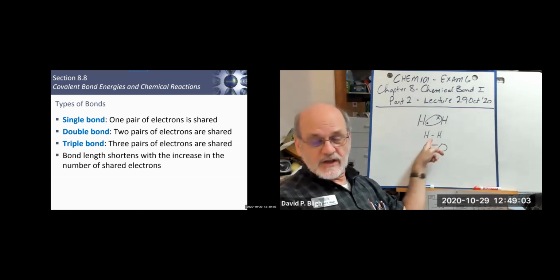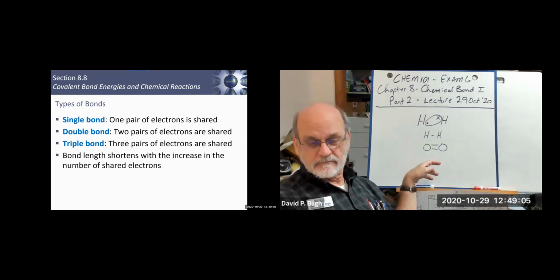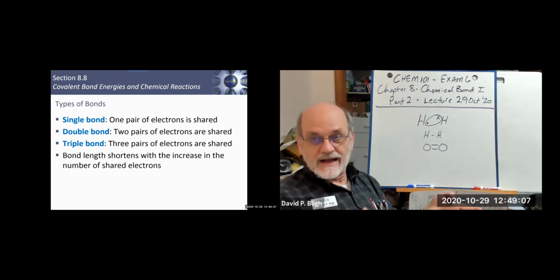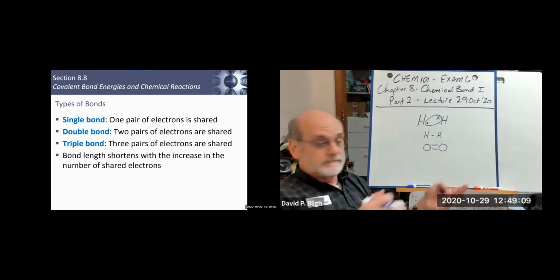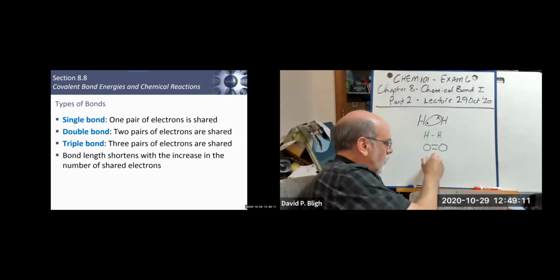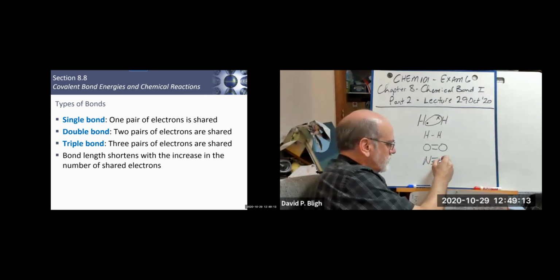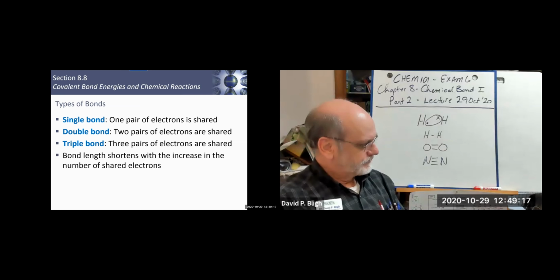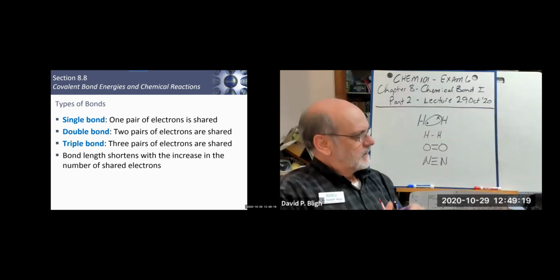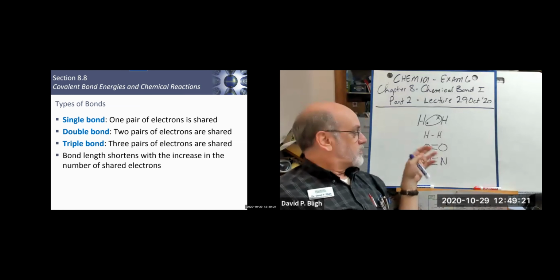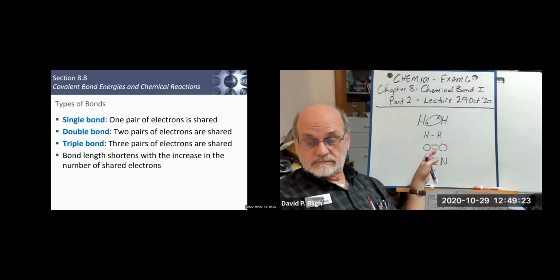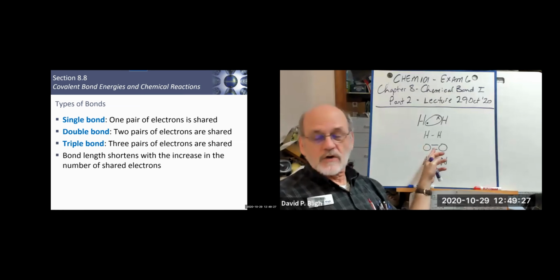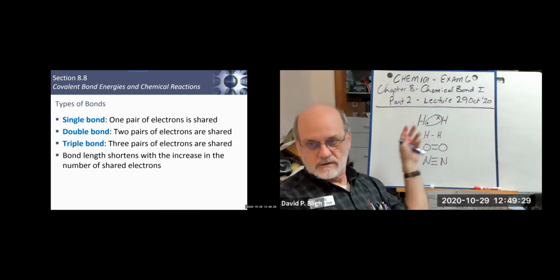But hydrogen has a single bond, oxygen has a double bond. What's another diatomic element? Nitrogen. When nitrogen forms, it has a triple bond, which means 6 electrons. 3 strokes, 2 each, 6 electrons. 2 strokes, 4 electrons, 1 stroke, 2 electrons.